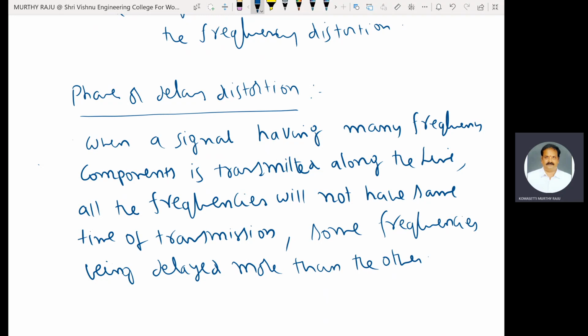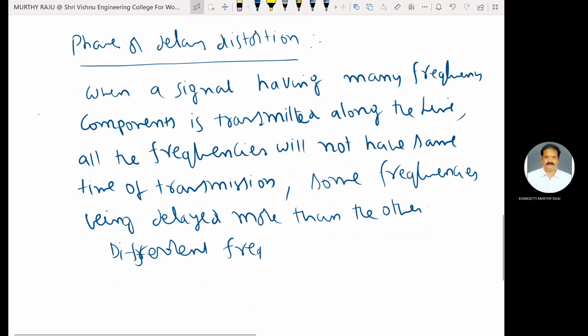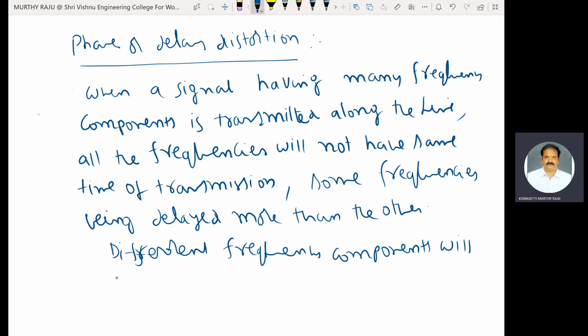That means different frequency components will have different velocity of propagation.